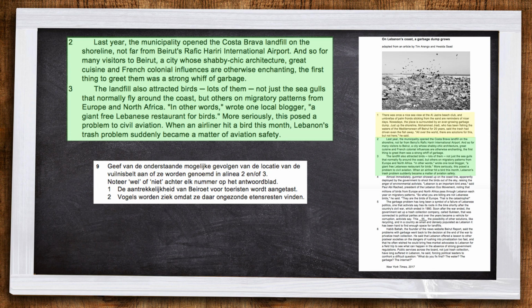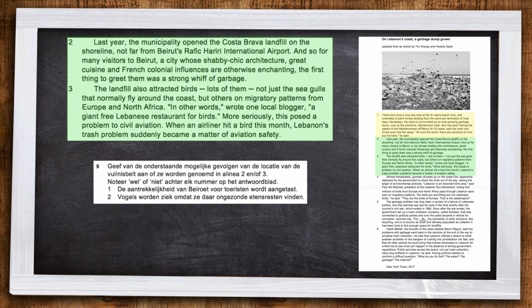Last year, the municipality opened the Costa Brava landfill on the shoreline, not far from Beirut's Rafik Hariri International Airport. And so for many visitors to Beirut, a city whose shabby chic architecture, great cuisine, and French colonial influences are otherwise enchanting, the first thing to greet them was a strong whiff of garbage.